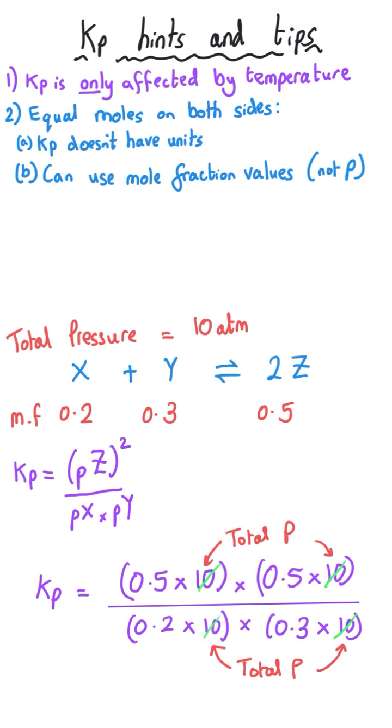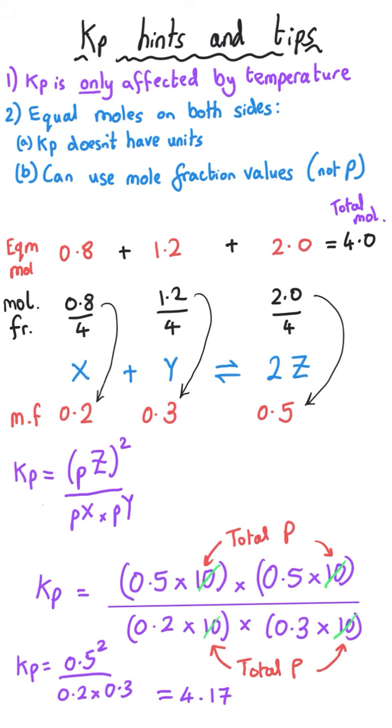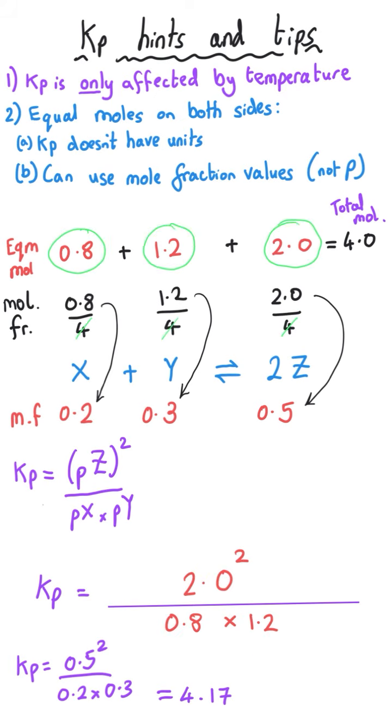So in fact, for this particular situation, you can calculate Kp by simply using mole fraction values for all of the chemicals at equilibrium. And since mole fractions are calculated by taking equilibrium moles and dividing each of them by the same total number of moles, you can in fact use simply equilibrium moles instead of mole fraction values.